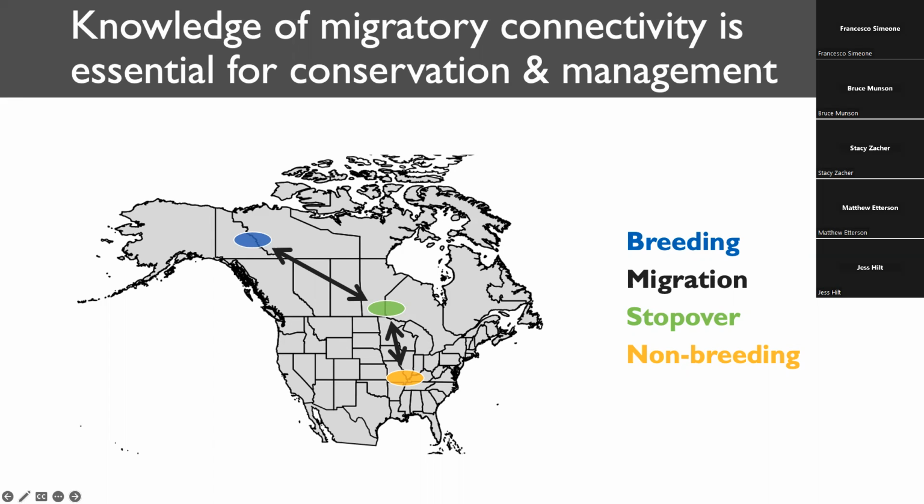A negative impact on any of these locations, such as habitat loss, has the potential to affect survival. And with things like avian influenza, it's going to be quite important to know how birds are moving and mixing. So with this knowledge, we can be better prepared to conserve species into the future.